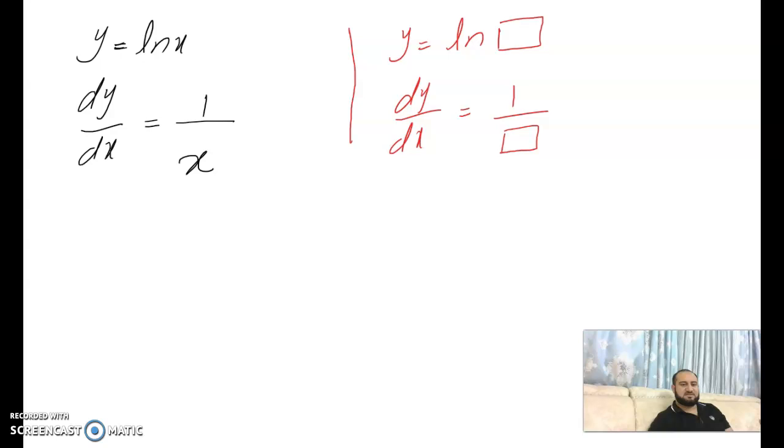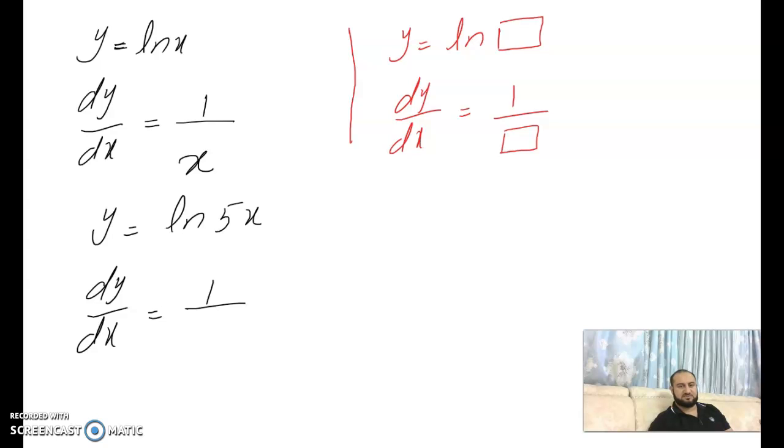But as you can see, if you are given y is equal to ln of 5x, and we wish to differentiate this, then what is the differentiation? 1 over, as we saw here, 1 over whatever, so that means 1 over 5x.